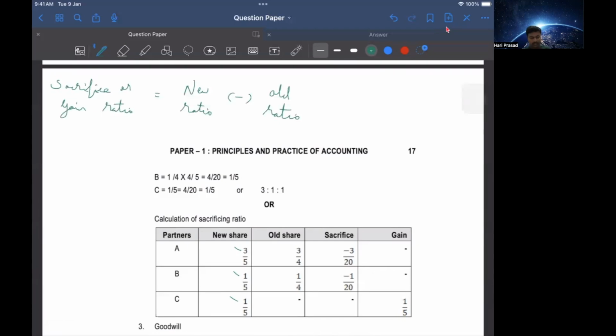A's new ratio is 3 by 5. Old ratio is 3 by 4. Multiply this. 5 into 4 is 20.